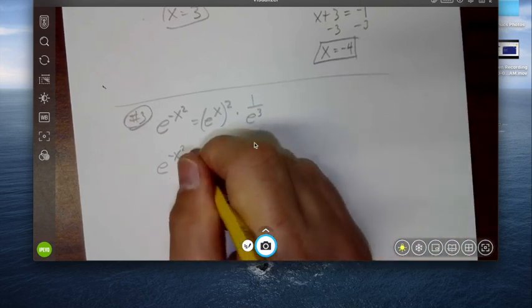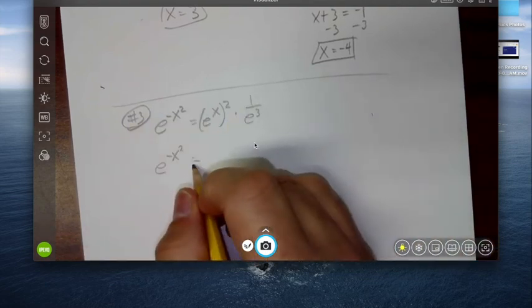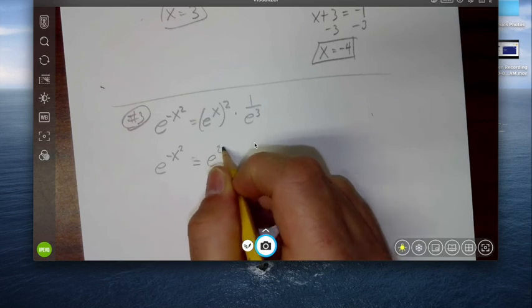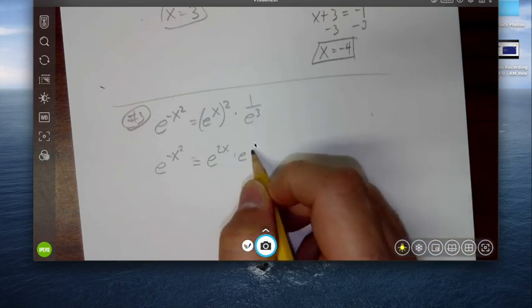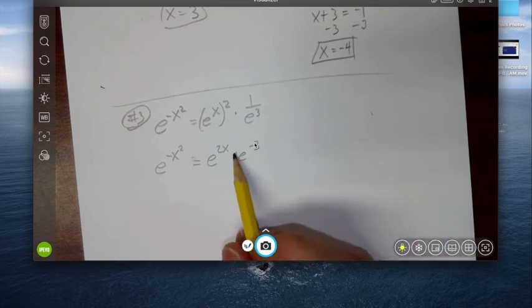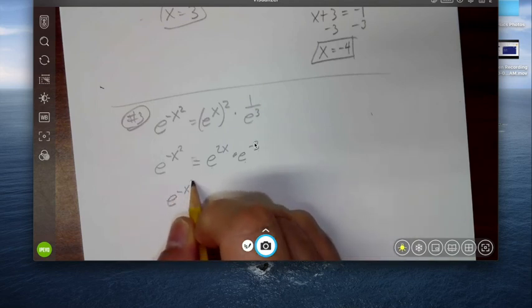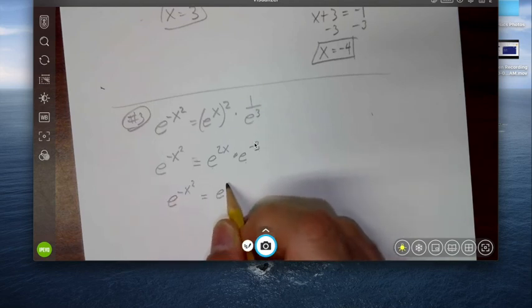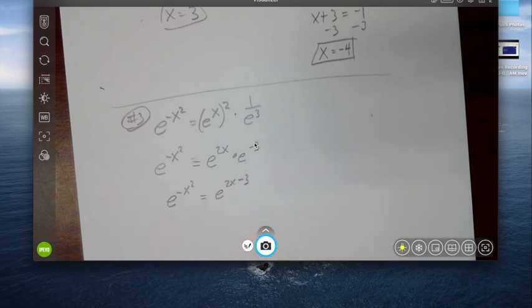So e to the negative x squared. Remember that when you raise an exponent to another exponent, you multiply those together. So this would be e to the 2x. And then this is e to the negative 3, right? And if we're multiplying two things with the same base, we add those exponents, right? So this is e to the negative x squared equals e to the 2x plus negative 3, or just e to the 2x minus 3.